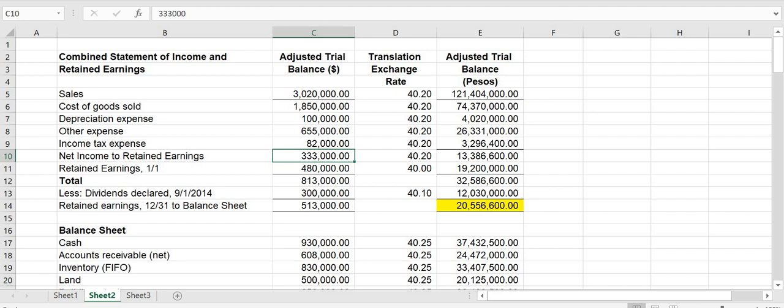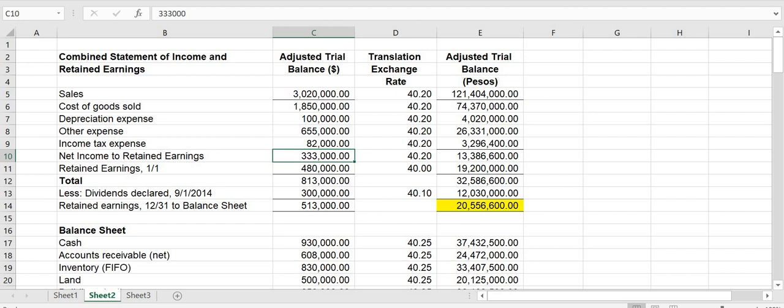So our net income is 333,000. Our sales are 121,404,000 translated into pesos. Cost of goods sold is 74,370,000. Depreciation expense, 4,020,000.